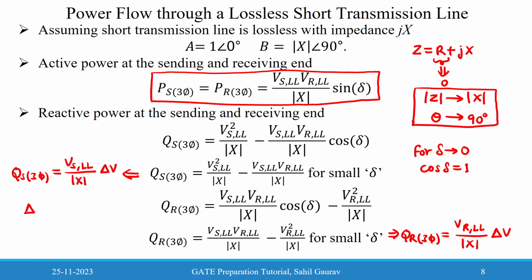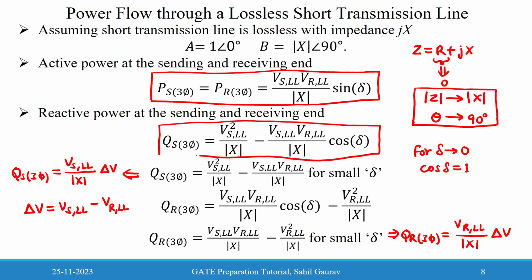So delta V is nothing but VSLL minus VRLL. In this also, just remember one expression, that is enough, and by finding the analogy between the other terms, you can remember the receiving end reactive power.